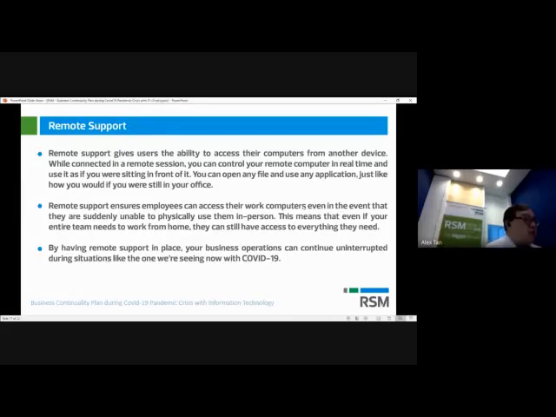Everything can be captured by certain types of software and reported back to the management. And of course, not just providing support, remote support is also part of the services where we can provide telephone support as well.